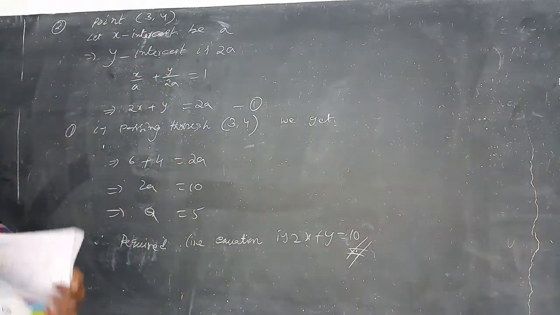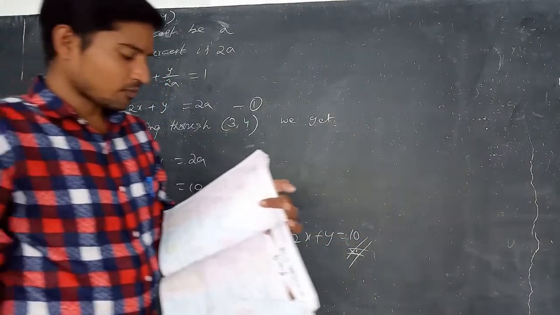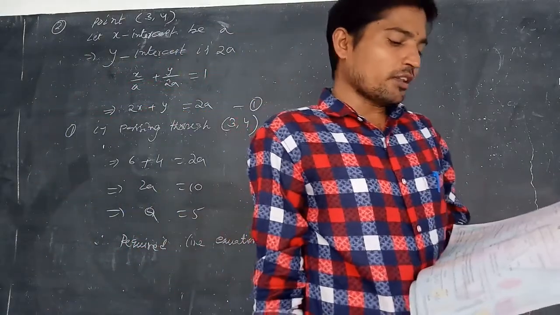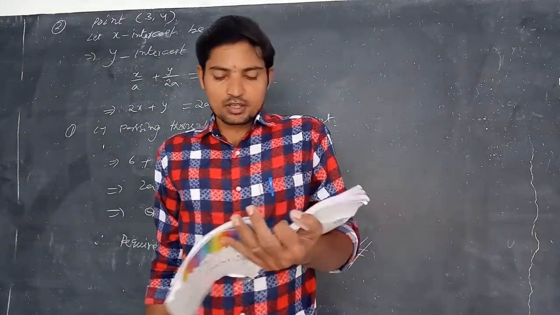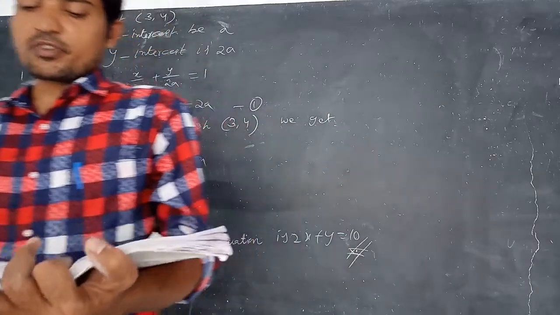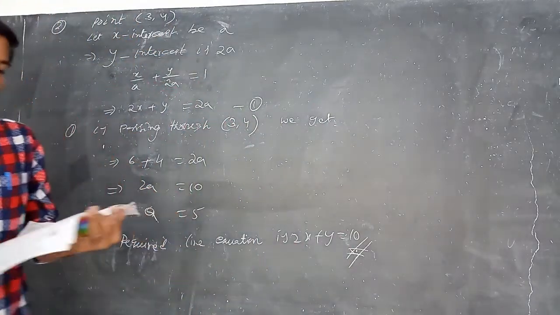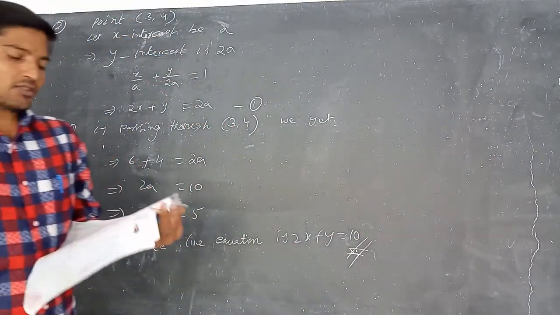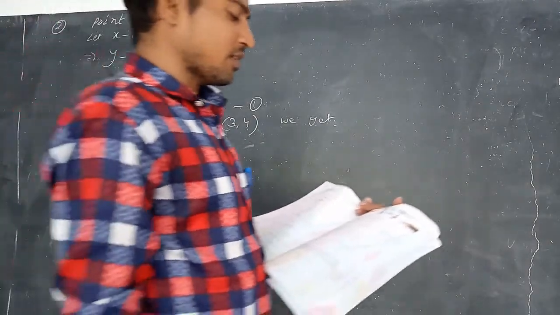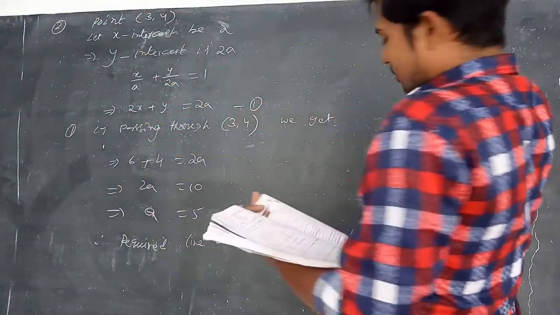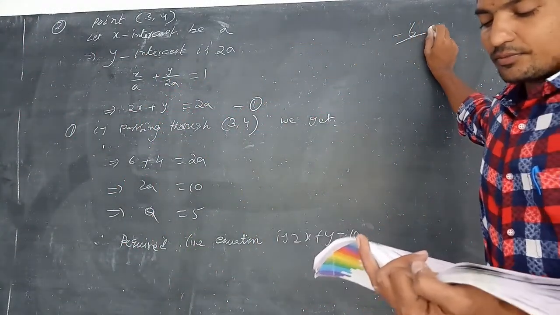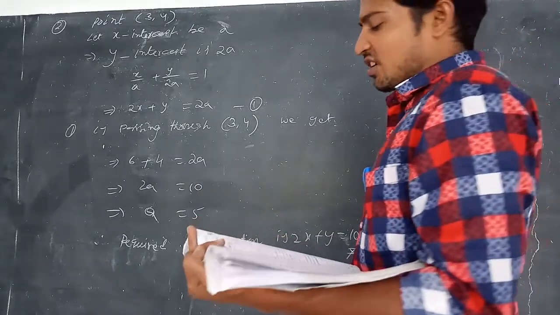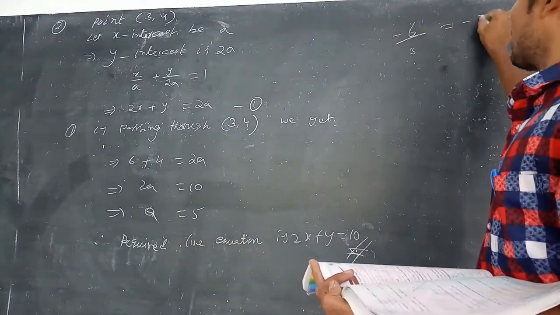right? Next, third one: slope of the line joining the points is the difference between y coordinates by the difference between x coordinates. So minus 4 minus 2 is minus 6, by x coordinates 5 minus 2 equal to 3, which is equal to minus 2.